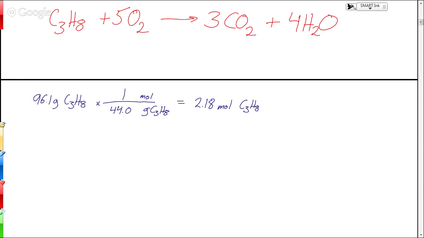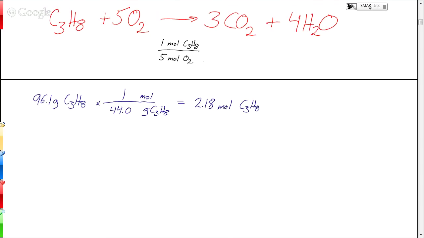This equation tells us that for every 1 mole of C3H8, we need 5 moles of oxygen. So we can use that as a conversion factor and set this up like another piece of a factor label type problem.